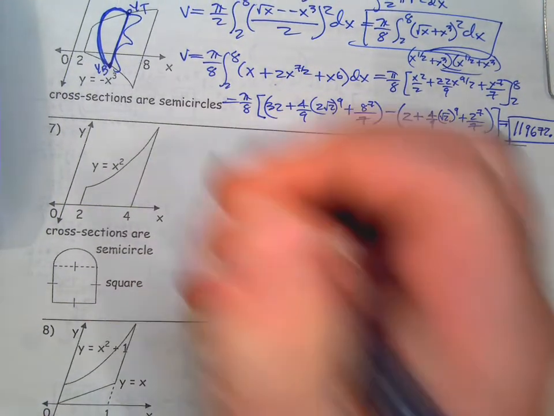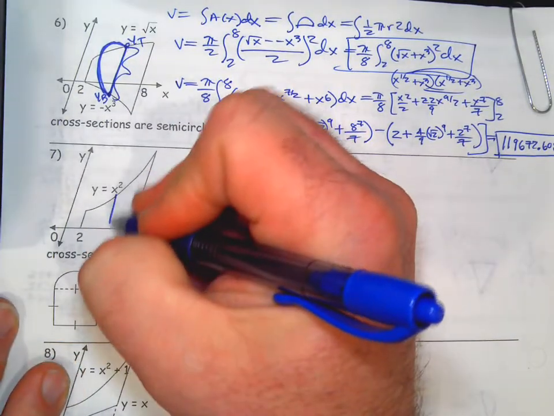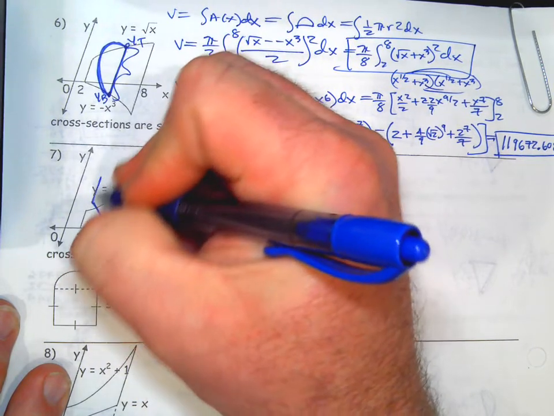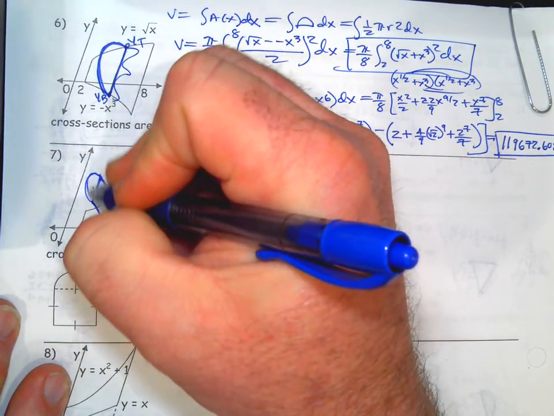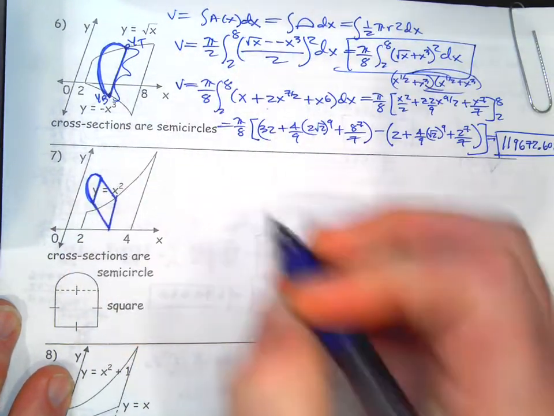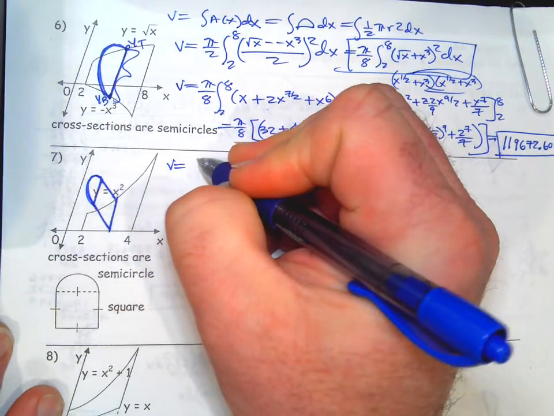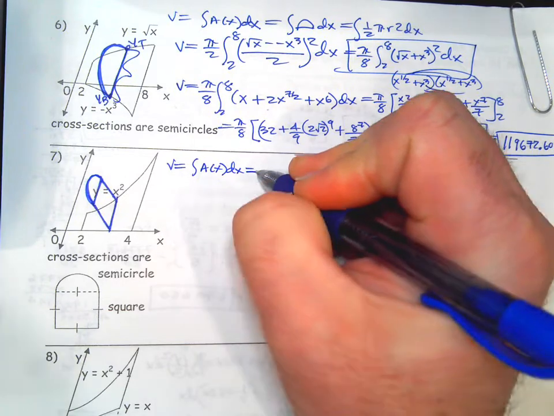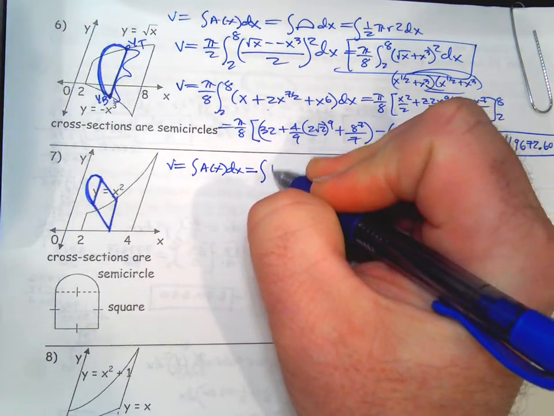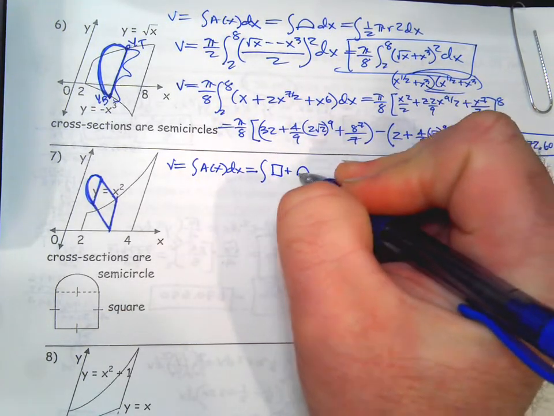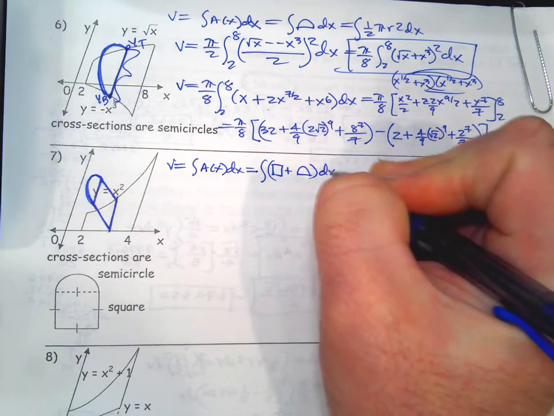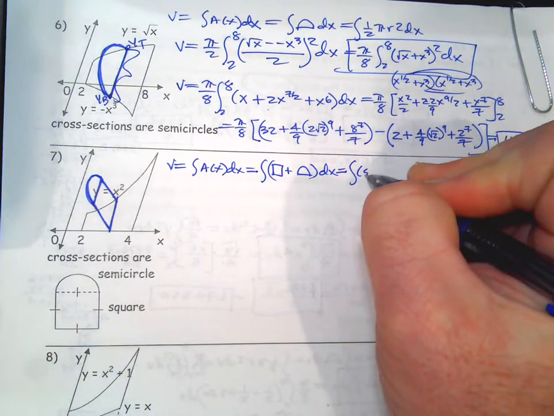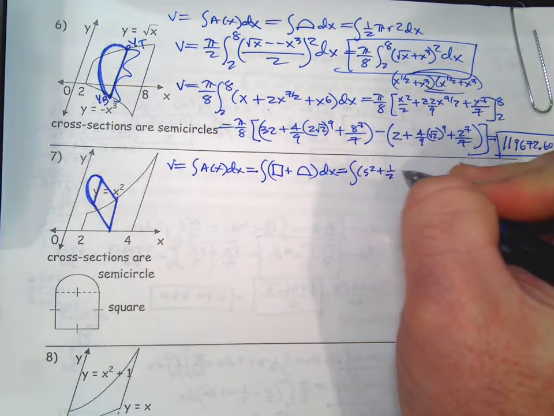Let's see. Cross sections are getting a little more complicated. So it's going to be a square with half of a circle on the top. So the volume is going to be some area in terms of x dx, and so it's going to be a square plus half a circle. Right, so it's going to be side squared plus 1/2 pi r squared.